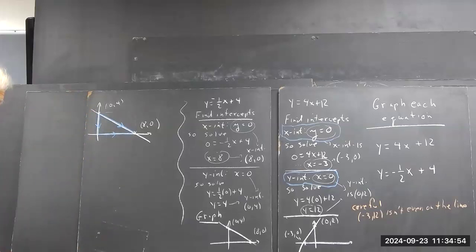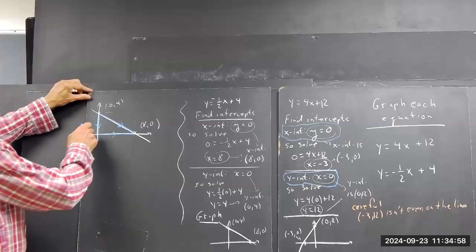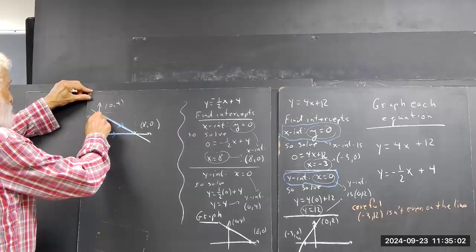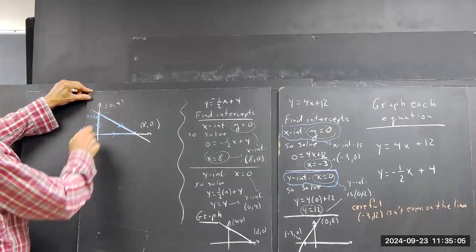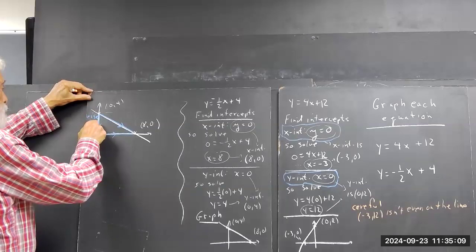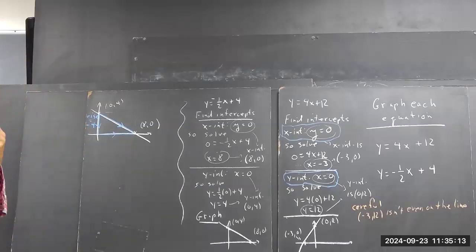The opposite direction of the arrow means that this is -4. Well, I call this rise. Might not be able to read that word that says rise. I'll draw a triangle later. Okay, so the rise is -4.